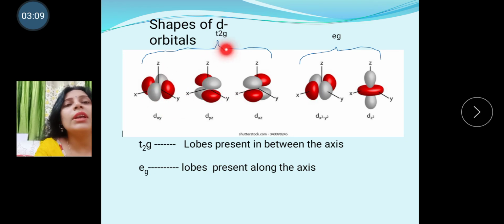So these three orbitals are characterized into the T2g set of orbitals. While in the case of dx square minus y square and dz square, we can clearly see that the lobes are along the x, y and z axes.